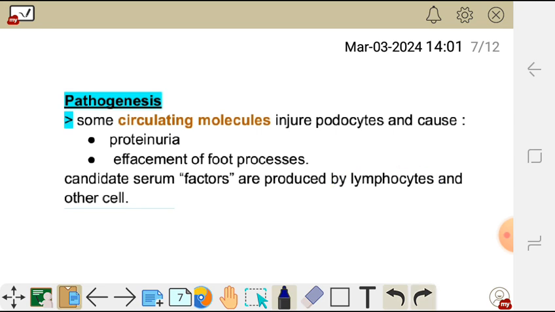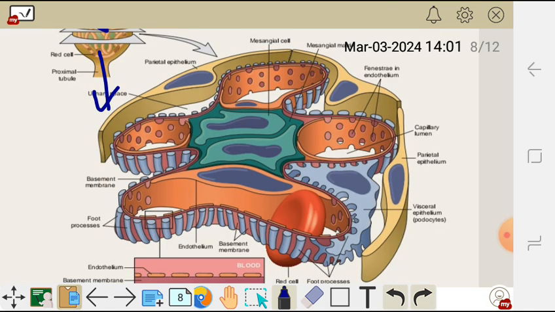So these chemicals are going to cause effacement of foot processes, and effacement of foot processes will lead to proteinuria, protein in urine. Okay, so that's all about the pathogenesis of minimal change disease.